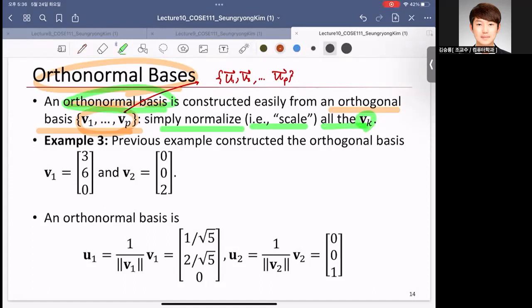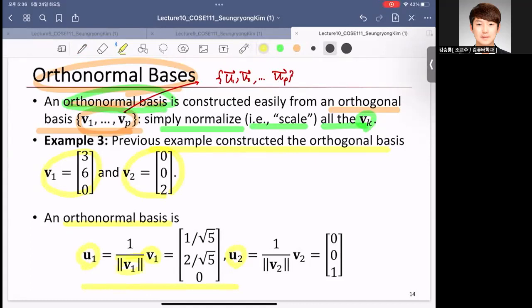Let me show you an example. In the previous example we constructed an orthogonal basis, v1 was (3, 6, 0) and v2 was (0, 0, 2). Then the orthonormal basis can be determined by u1 and u2, where u1 is equal to v1 over the length of v1.